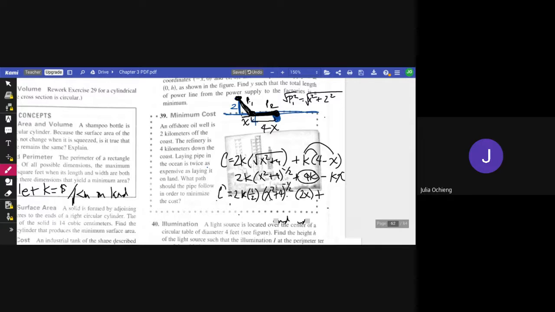Plus the derivative of 4k is 0, because that's a constant, minus k. Okay. So I'm going to simplify this a little. 2 times 1/2 cancels out. So the 2x stays on the top. X squared plus 4 to the negative 1/2 means that's actually X squared plus 4 to the 1/2 on the bottom, minus k.